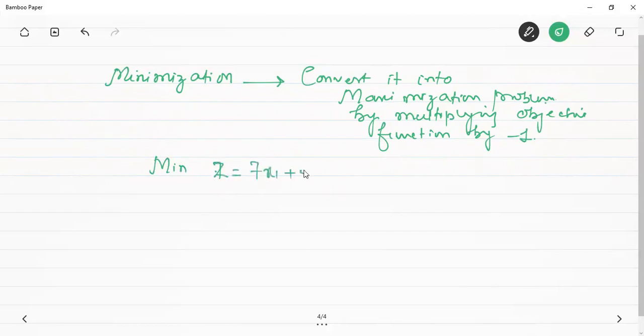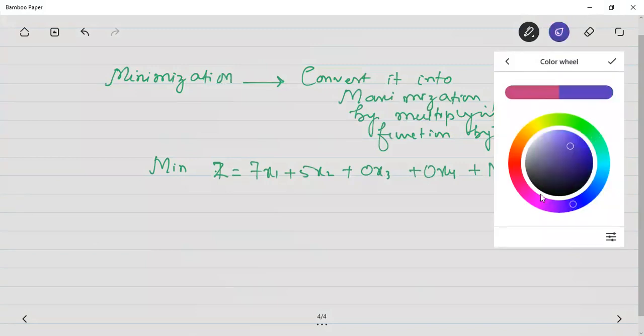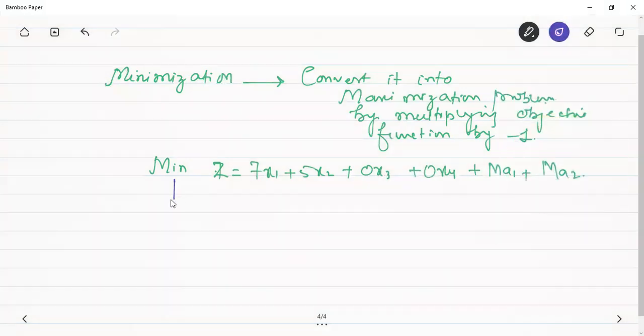So the problem was minimize z equal to 7x1 plus 5x2 plus 0x3 plus 0x4 plus MA1 plus MA2. This minimization problem can be converted into the maximization problem by multiplying the objective value function by -1.